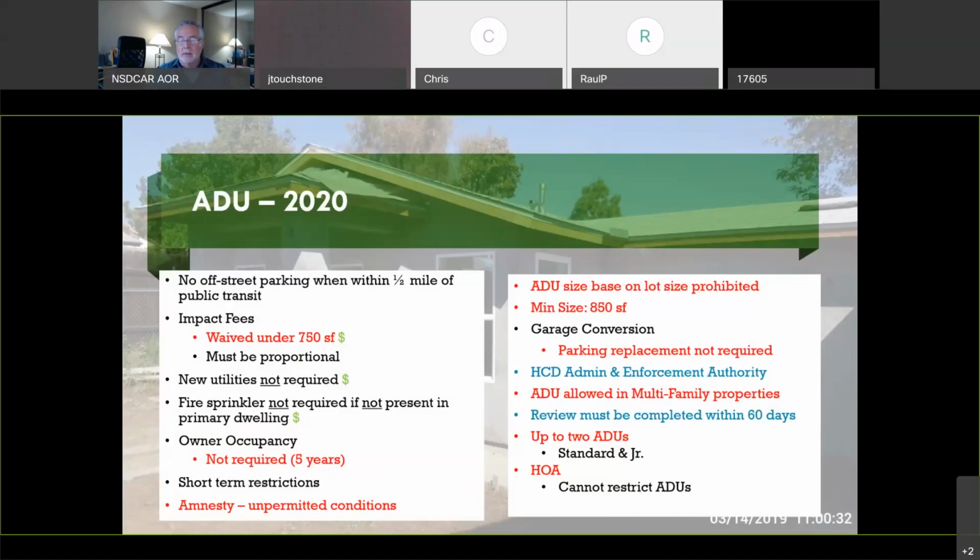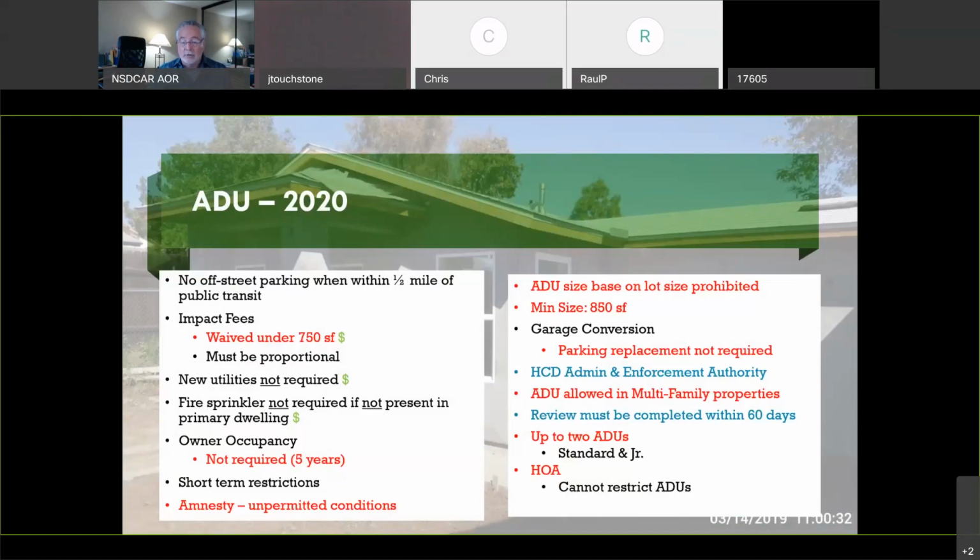HCD basically got some teeth. They went from not just being an administrator of all of these statewide ordinances, they actually have enforcement authority. So if a building department is not complying, they actually turn it over to the state legal enforcement to determine next steps. ADUs are now allowed in multifamily.